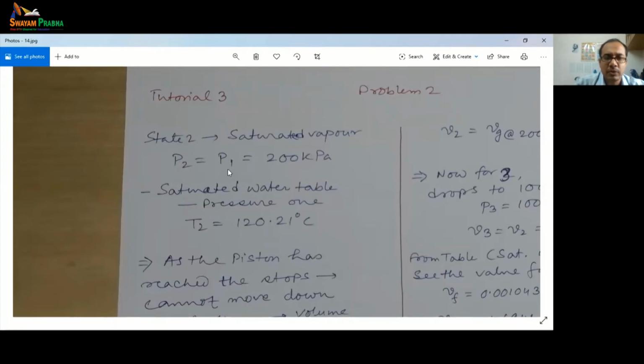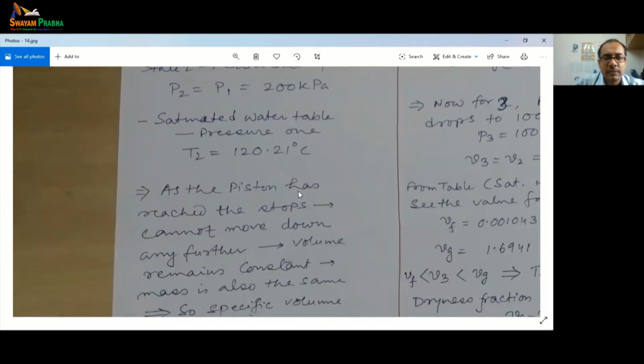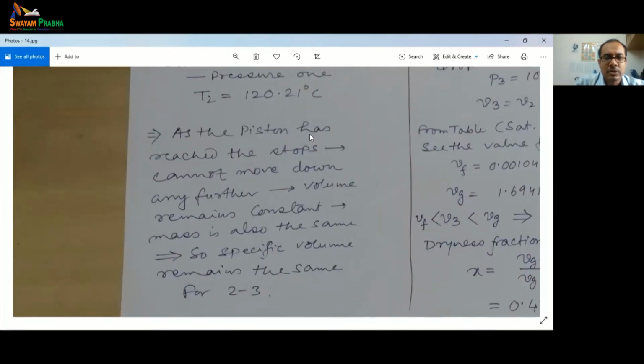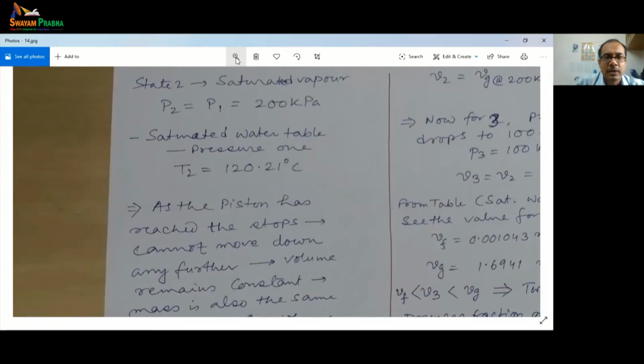So P2 will be equal to P1, and that is 200 kPa. Now what we know is that we have to look up the saturated water table, and we know the pressure, that's 200 kPa. So let's look up the temperature and other values.